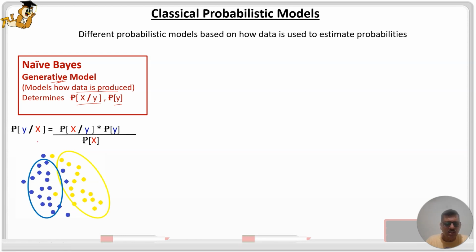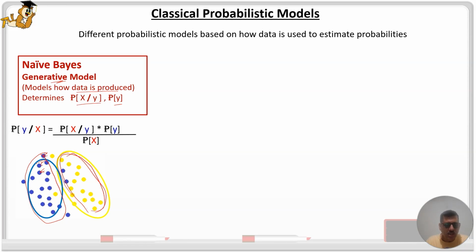Think about it. What it is doing is that, essentially, let us say these are two classes of healthy individuals and persons who are ill. This model tries to determine the distribution of the blue points. In other words, it tries to model what kind of readings are likely to be produced by healthy individuals, what kind of readings are likely to be produced by people who are ill.